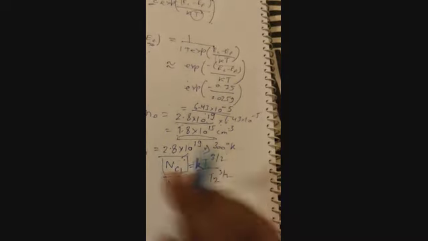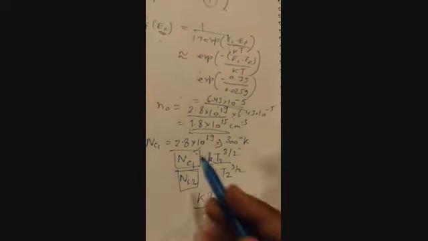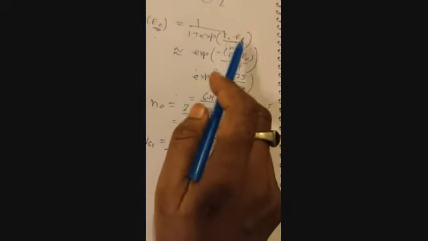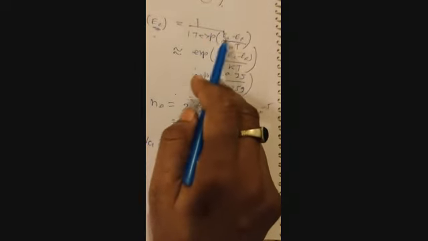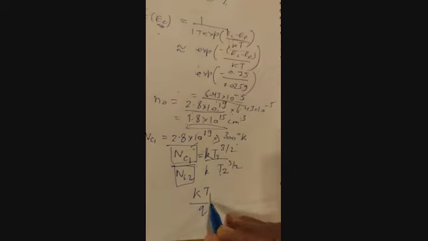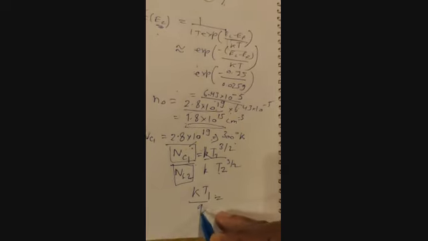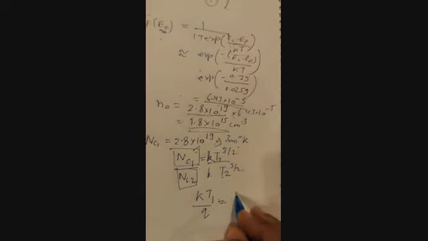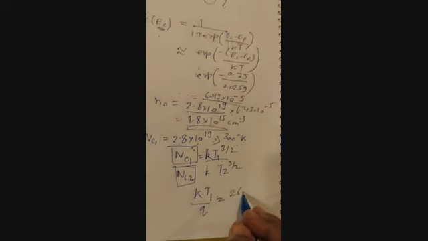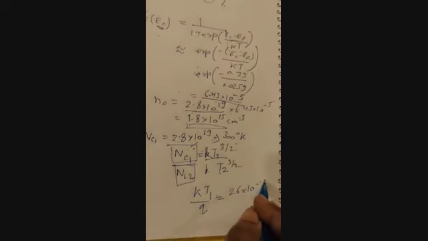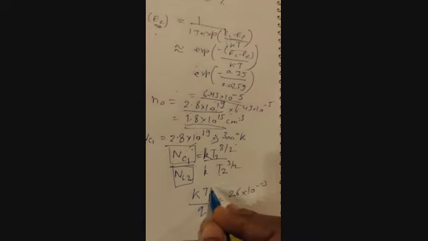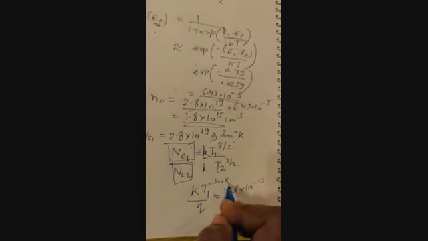If you remember from the last lecture, I told you 26 millivolts, the lowest quantity on which I normalized things. Like EC minus EF, the difference is normalized with respect to kT. So kT1/q is 26 × 10^-3. At which temperature? It is at 300 Kelvin.